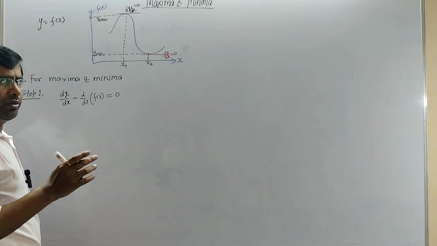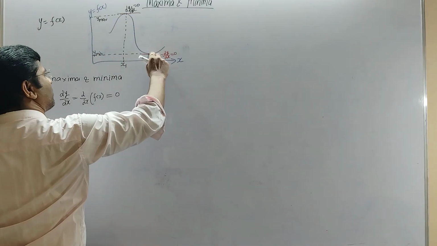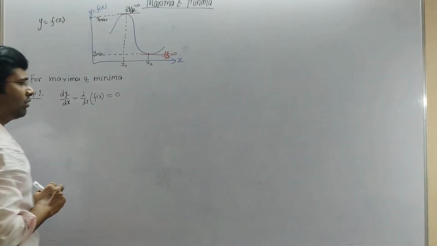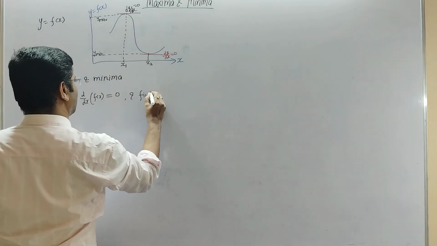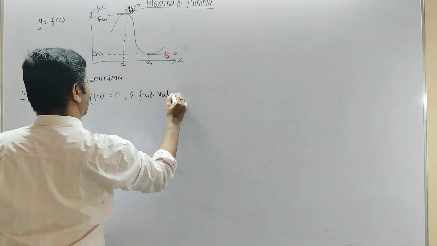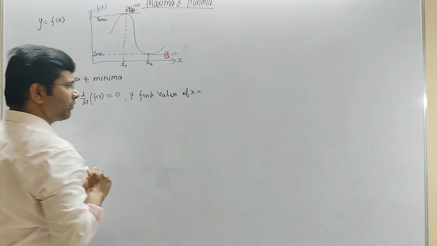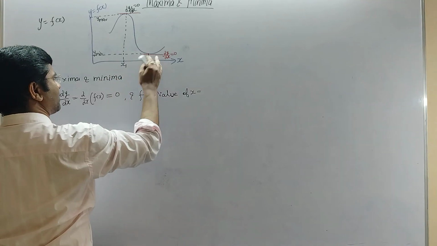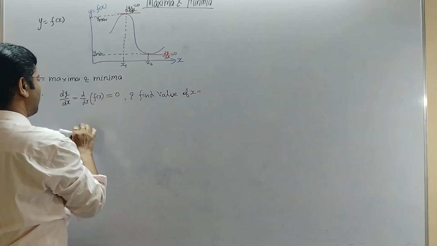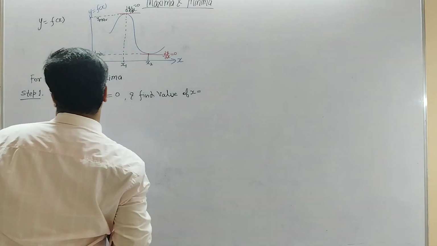So wherever there is a maxima or minima, the differentiation of the function will be 0. Do this and find the value of x, at what x, like x equal to x1, x equal to x2, the derivative of this function is 0.